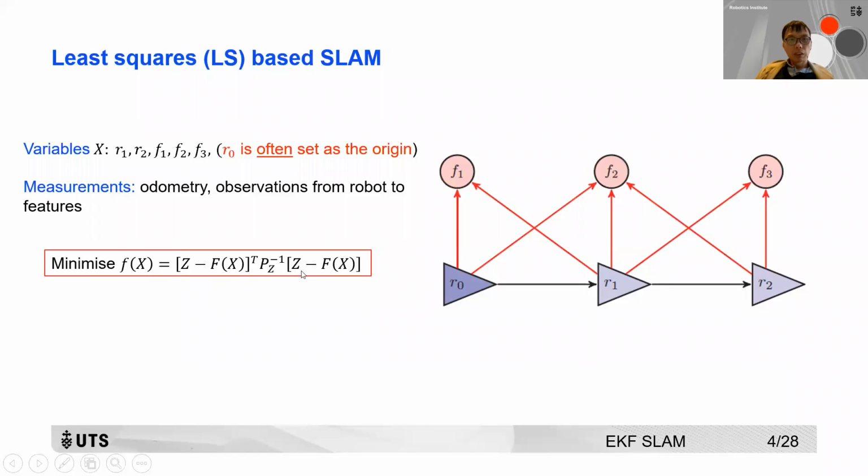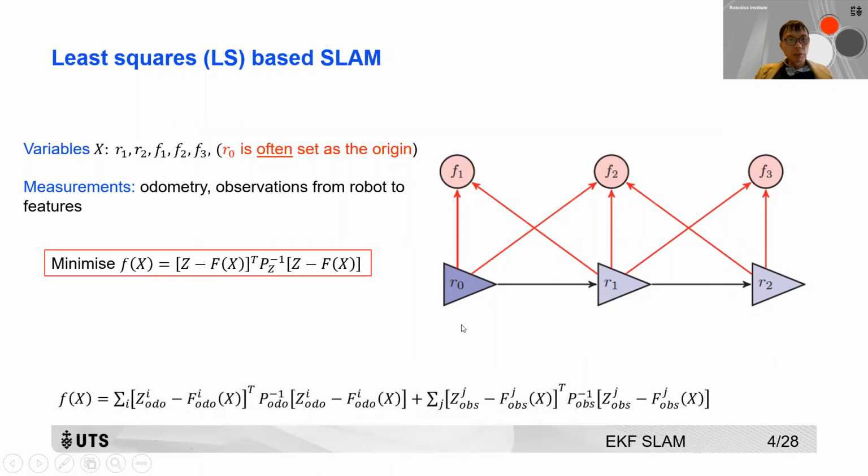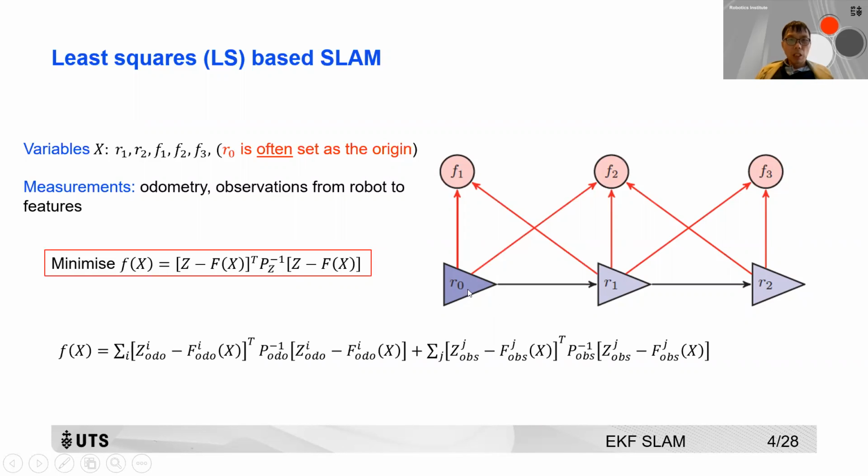This is the standard format of least square: Z minus Fx, transpose, times covariance matrix inverse, times Z minus Fx. For this particular problem, we have odometry and observations. So this Fx, the objective function, contains two parts. The first part is all the odometry, and the second part is all the observations.